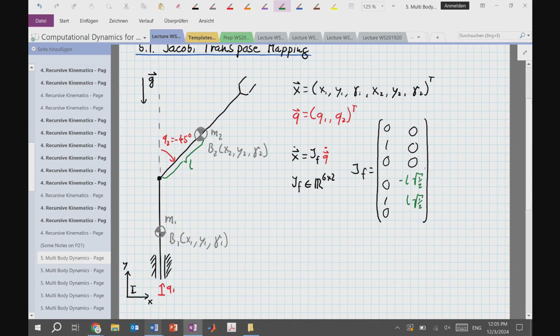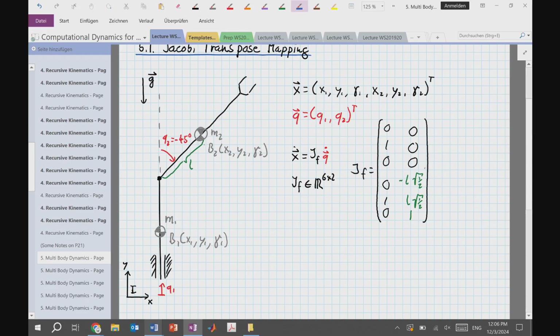Here's a negative, and then what do I put in the last element? 1. 1, right? So these are now the lever arms measured from here to here and from here to sort of that line. Here's the 1 because this will introduce a rotation which is going to reflect it with gamma 2. So those are the kinematics.